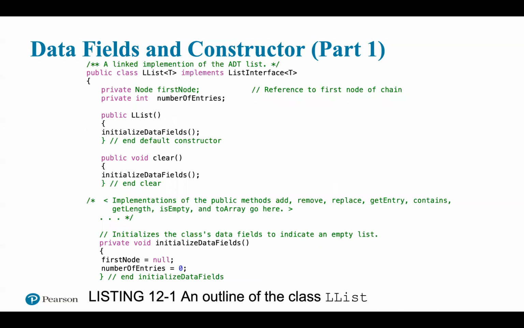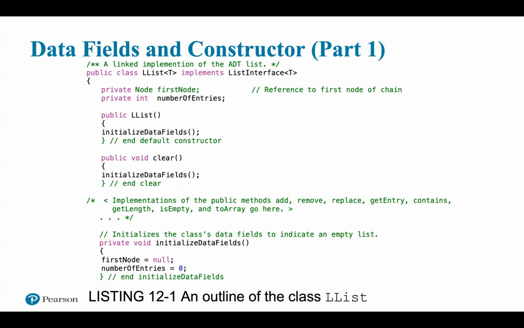In terms of the data fields and constructors, listing 12.1 contains an outline of the class LList that implements the ADT list. Recall that chapter 10 defines the interface ListInterface and the classes that implement it.